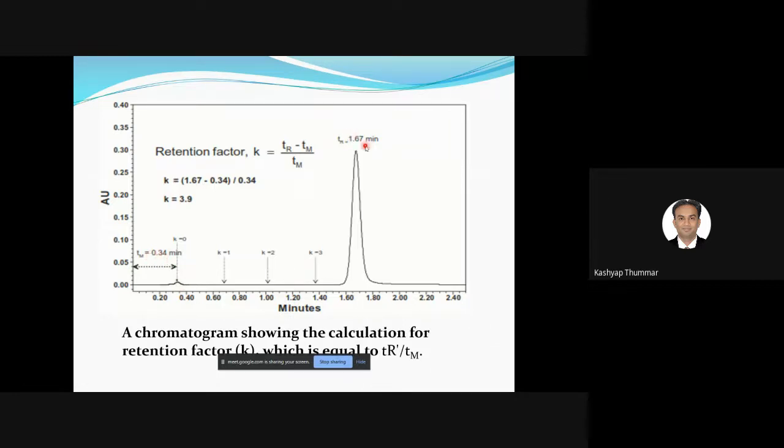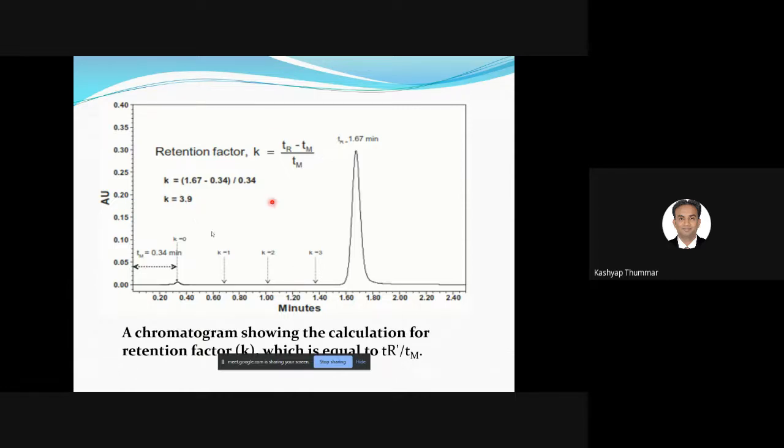So K is equal to (1.6 minus 0.34) divided by 0.34. If you simplify this, K is equal to 3.9, which is in between 1 to 20.